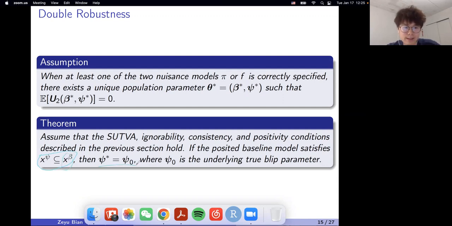Then we have psi star equals psi 0, where psi 0 is the underlying true Blip parameter. So this theorem suggests that the resulting estimator obtained by solving this U2 is also a double robust estimator, which says that our newly proposed estimating function also has a nice property.